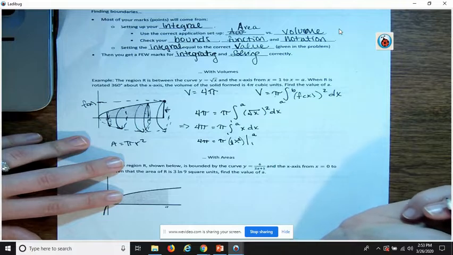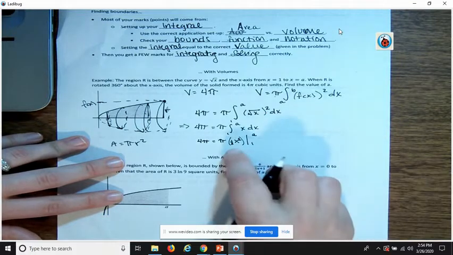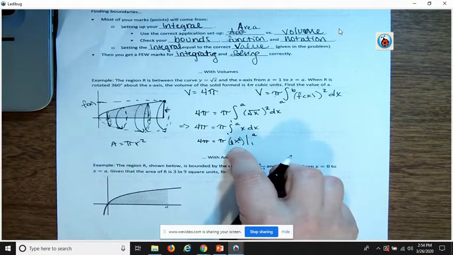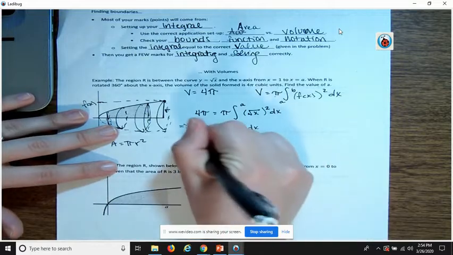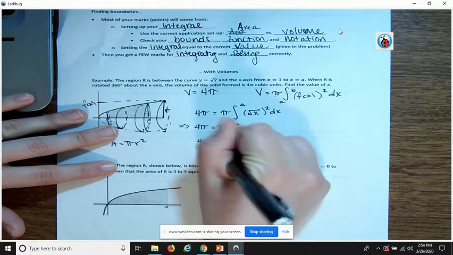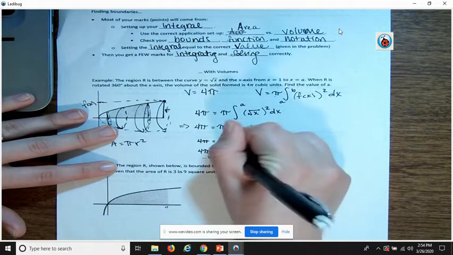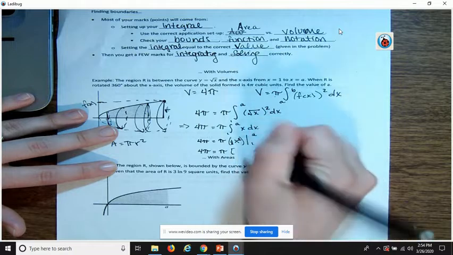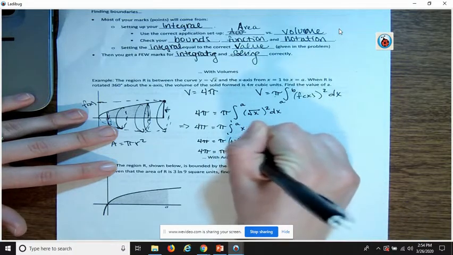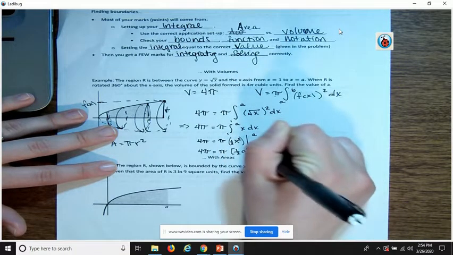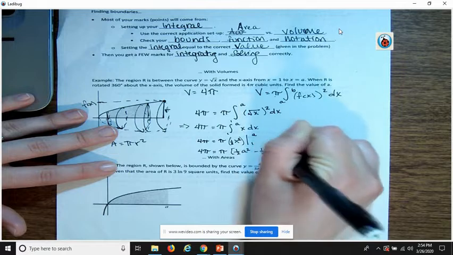Okay, and so now I need to actually apply that to this piece right here. So I'm going to have 4 pi equals pi, and then I'm going to sub in a first, so 1/2 a squared minus 1/2 times 1 squared.